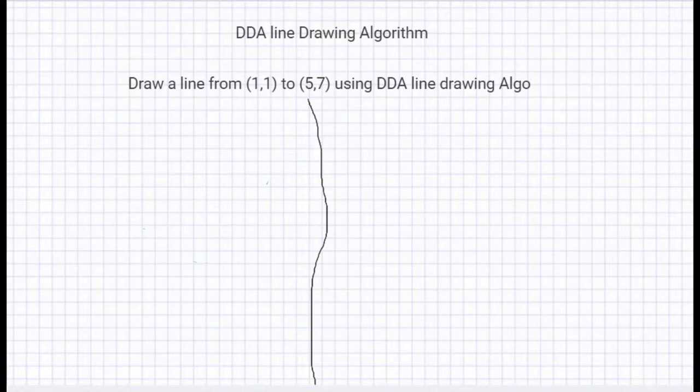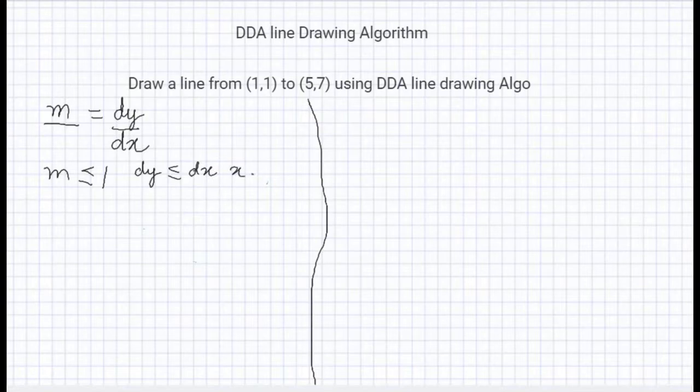First of all, this DDA line drawing algorithm is based on the equation of line, and in the equation of line, m represents the slope of line, which is also denoted by dy by dx. The basic concept is: if m is less than or equal to 1, then dy will also be less than or equal to dx, and in this case x will be incremented by 1 each time and y will be calculated on the basis of equation of line.